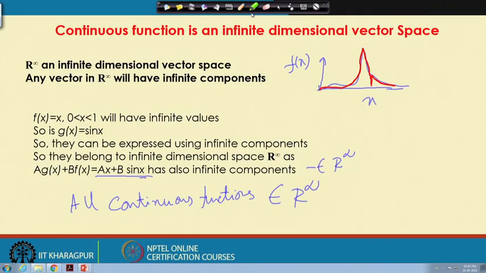Now, we are interested in some specific properties of vector space. Why are we interested in that? Because we started discussing the solution of the equations Ax = 0 or Ax = b when there are infinite solutions.